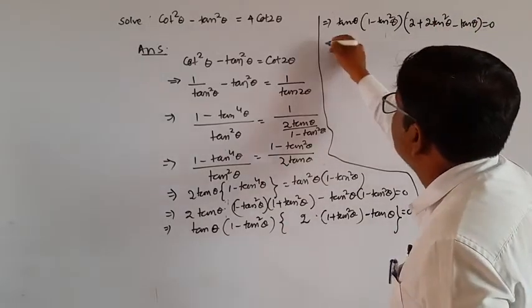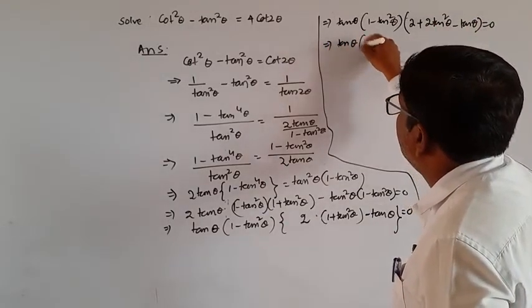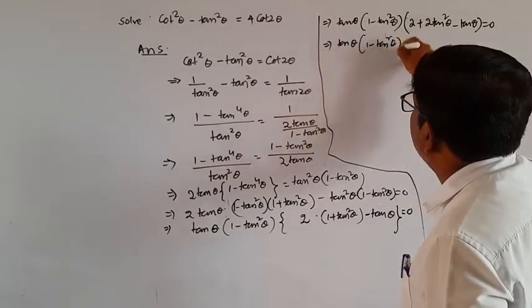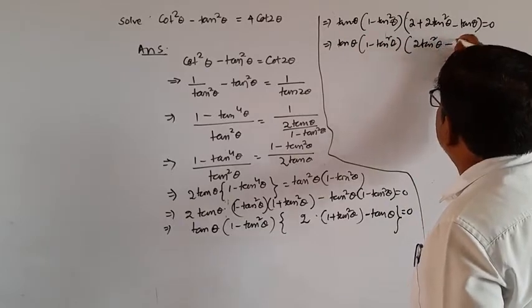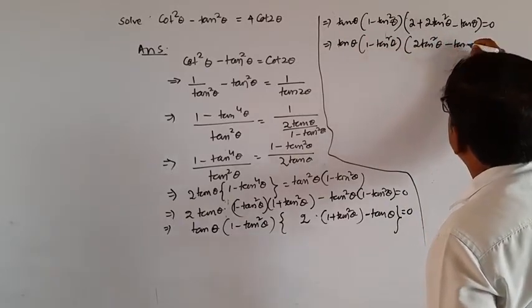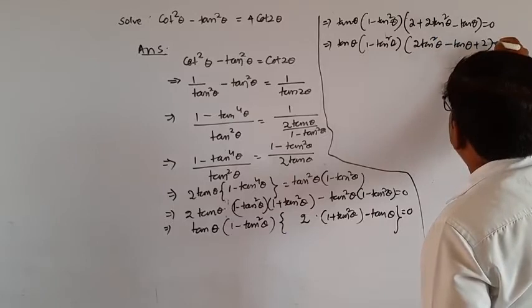Tan theta is common, and the rest is 2 plus 2 tan square theta minus tan theta. So this implies tan theta (1 minus tan square theta) and 2 tan square theta minus tan theta plus 2 is equal to 0.